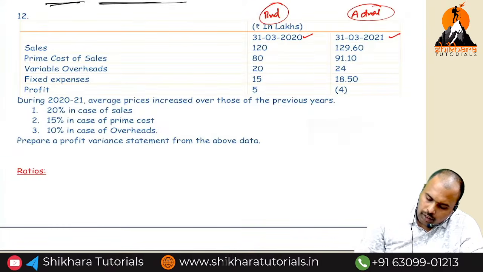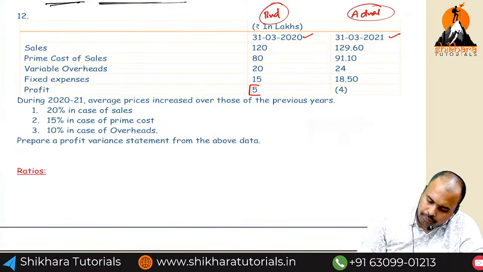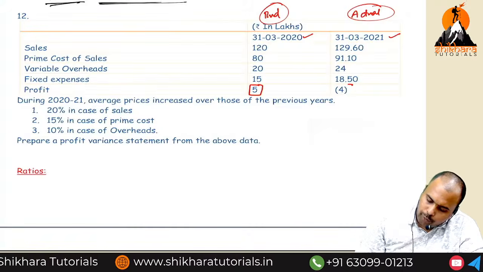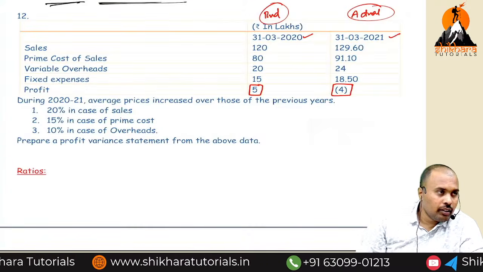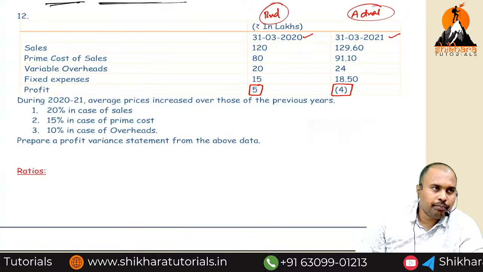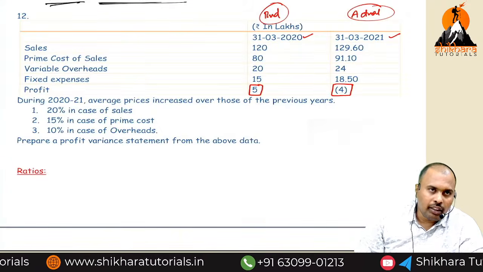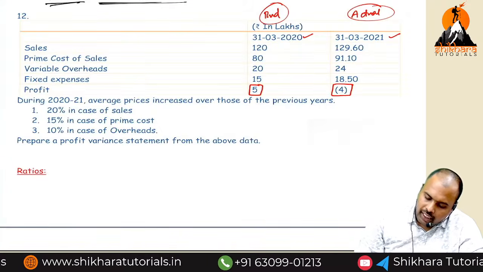Clear? Now budgeted profit is 5, actual profit is 4. The total difference is 9, right? So why did we get that 9 difference?